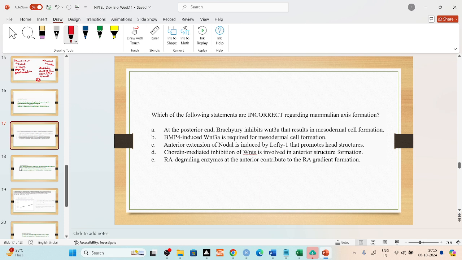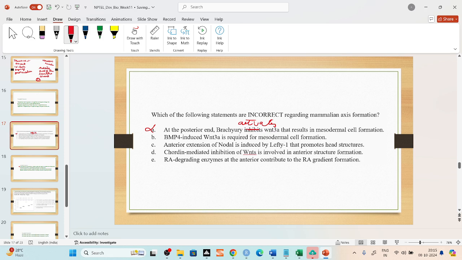One thing we know is that it is required for mesodermal formation, but it does not inhibit Wnt3A. Rather, it has just the opposite role. It promotes mesodermal formation by activating the Wnt signaling. So it is written that brachyury inhibits the Wnt signaling, but actually it activates the Wnt signaling, which is necessary for mesodermal cell formation. So this is an incorrect statement, and this should be activates.